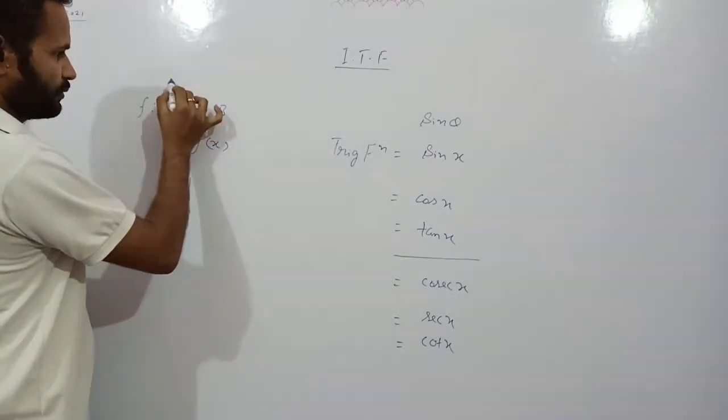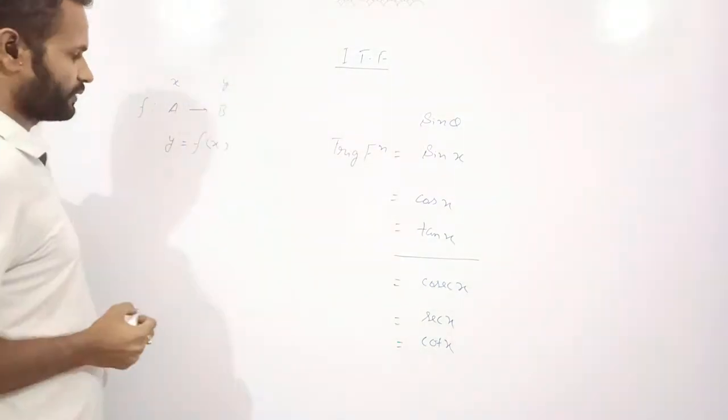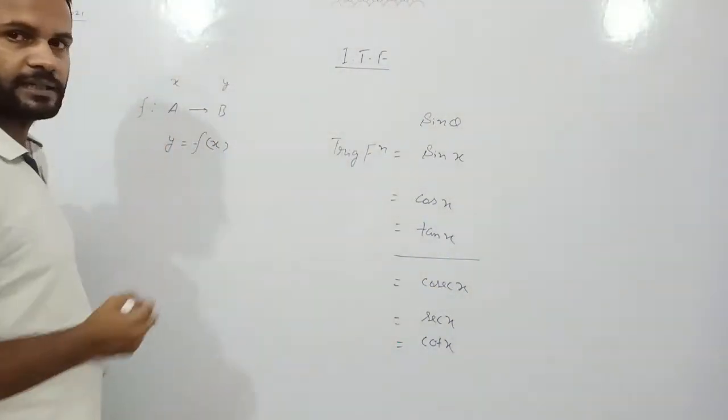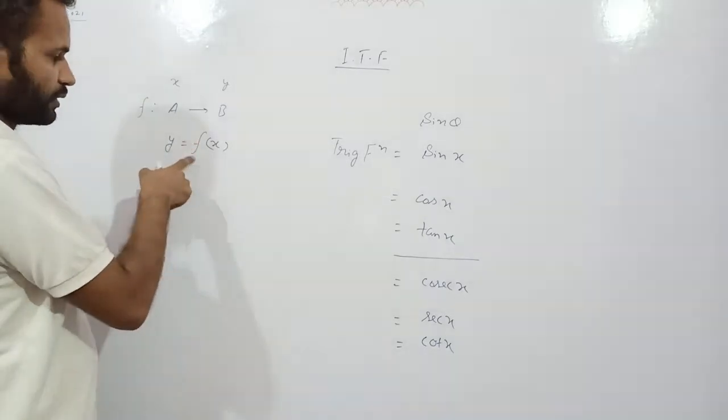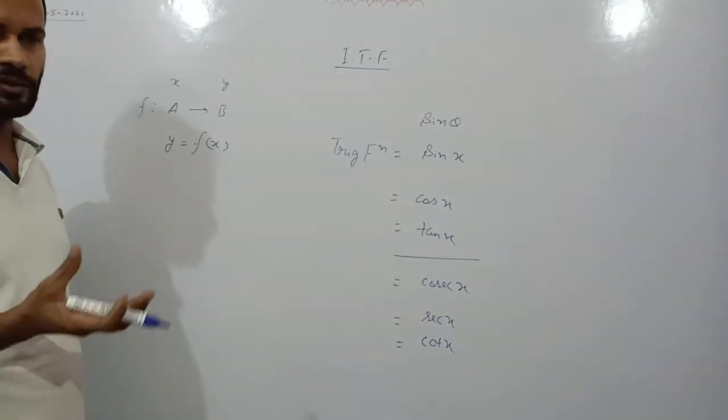So where do we get values of x? Here. And where do we get values of y? In the set B. And the rule by which these are related is called f, that is function normal.